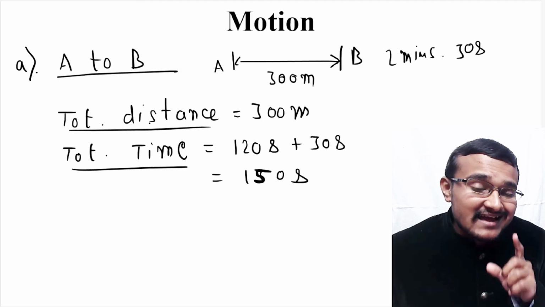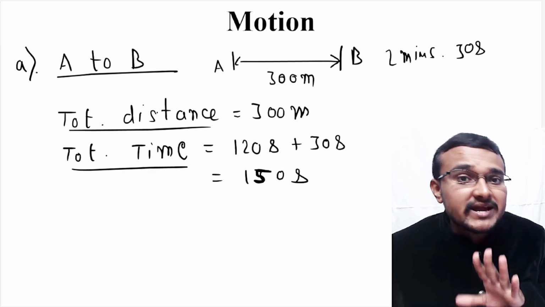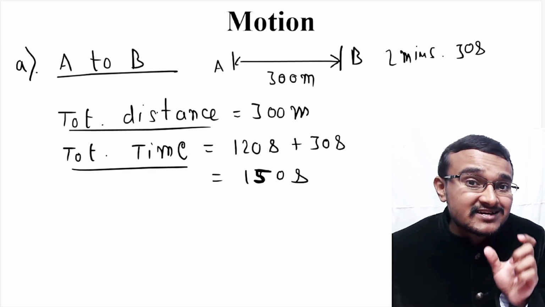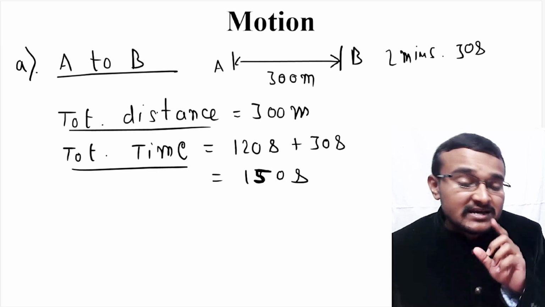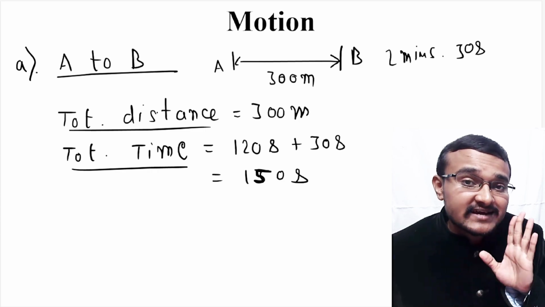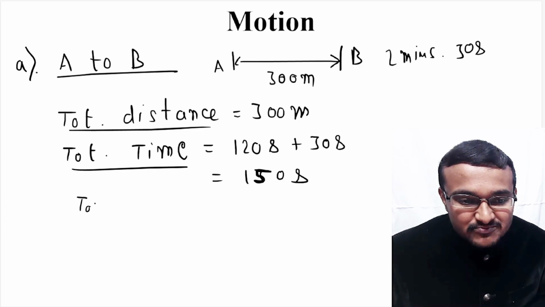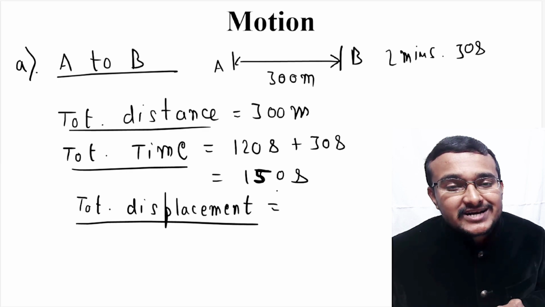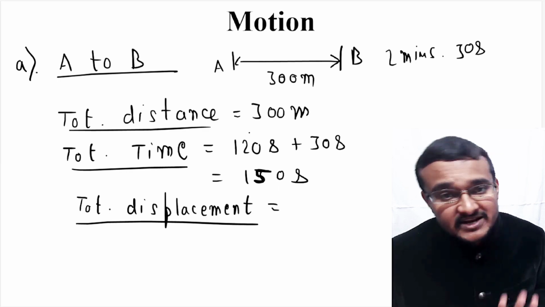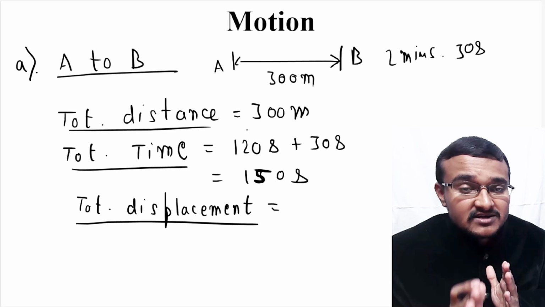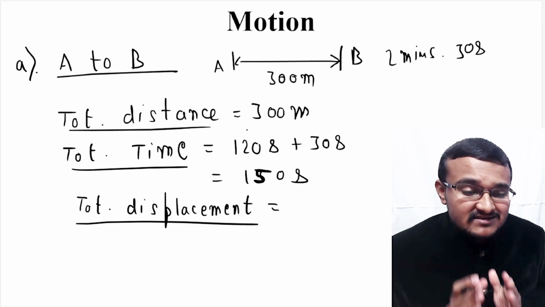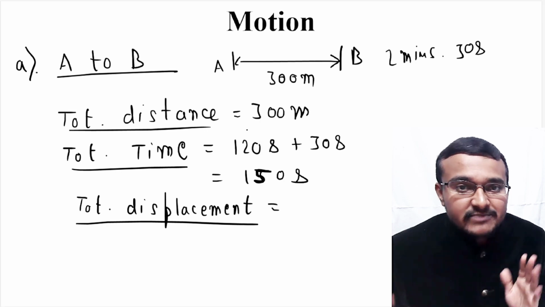Because in order to calculate the average speed, we have to take the total distance and total time. In order to calculate average velocity, we have to take total displacement and total time. What is the total displacement? Here total displacement depends on initial position and final position, and he is walking on a straight path. Here in the question they have mentioned that Joseph is walking on a straight path.